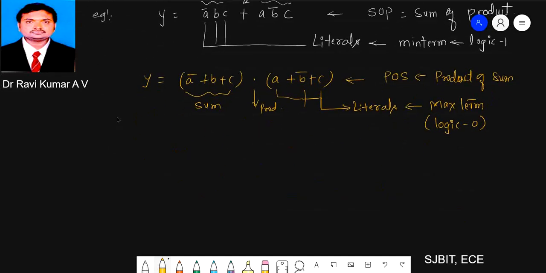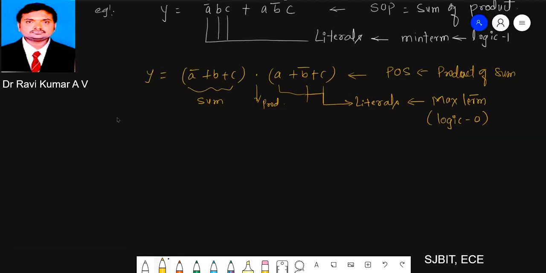So this is the concept we are discussing. That means the literals are arranged in two forms: one is SOP form, sum of product, and the other is POS form, product of sum.